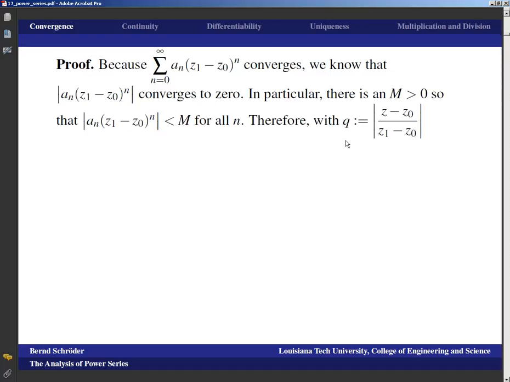And that means if we set q to be (z minus z0) divided by (z1 minus z0), remember that |z minus z0| was strictly smaller than R, so that |q| is smaller than 1. Then we have the sum from n equals N plus 1 to infinity. Remember, whenever we talk about convergence, the tail is the hard part, so we're looking at the end of the sum here: the sum from n equals N plus 1 to infinity of |a_n (z minus z0)^n|.